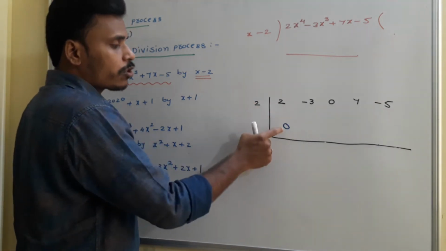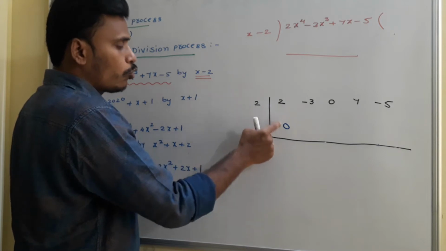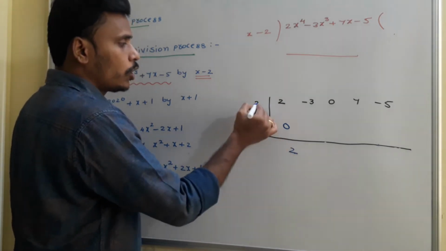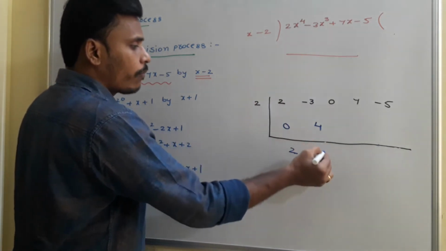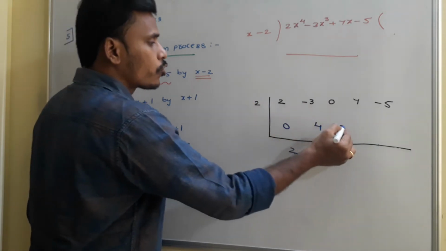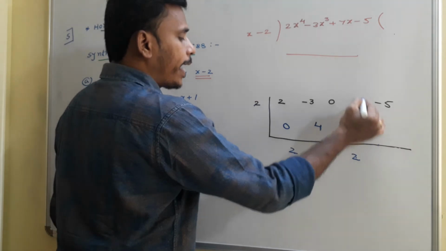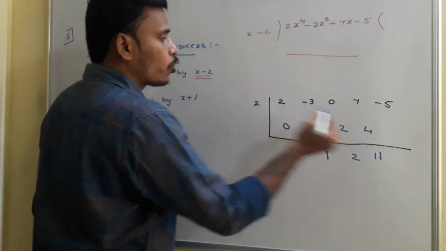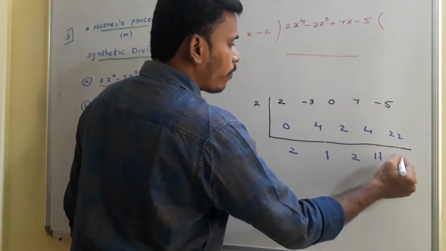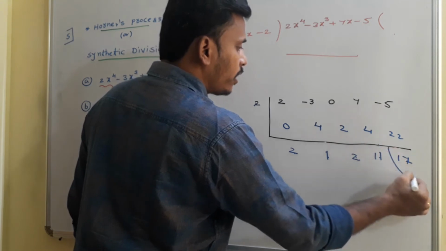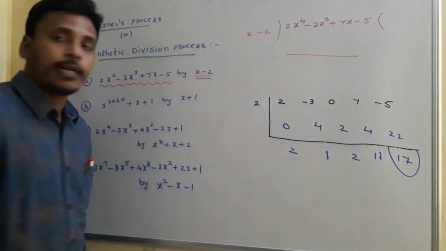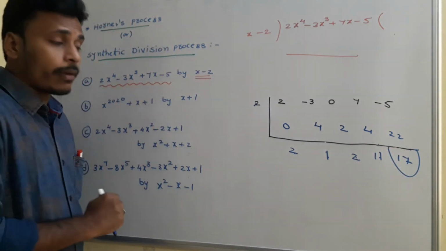Start with this 0: 2 plus 0 is 2. 2 into 2 is 4. Add column wise, 1. 1 into 2 is 2. Add column wise, 2. 2 into 2 is 4. Add column wise, 11. 11 into 2 is 22. Add column wise, that is 17. At the end, you treat this 17 as the remainder.